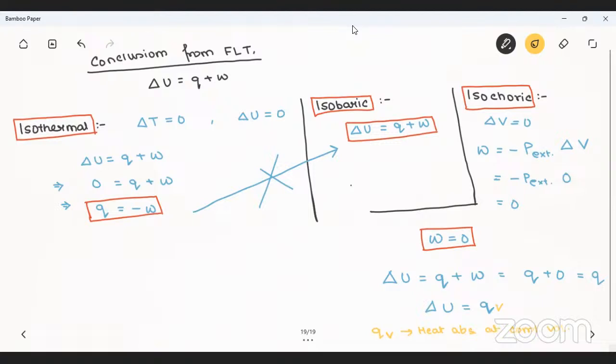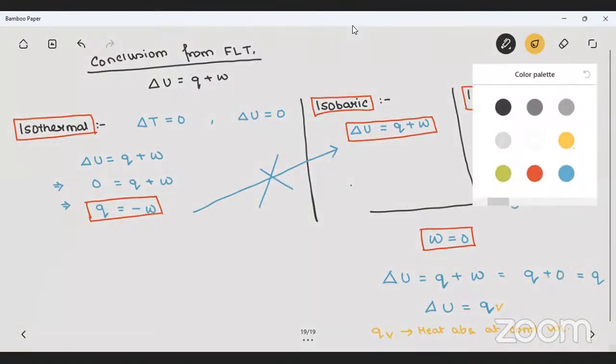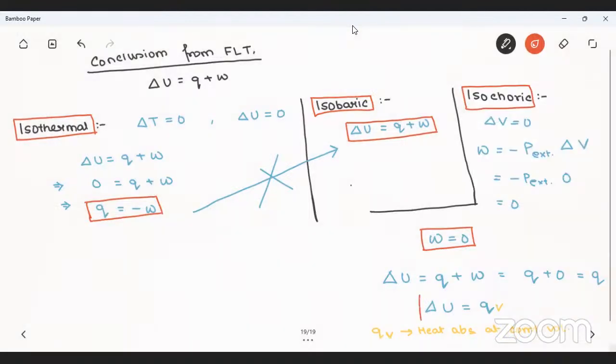Now what we are seeing is that if the volume is constant, then delta U becomes equivalent to QV. Is this correct or not? Whatever statement I made, that at constant volume or for an isochoric process, delta U is equivalent to QV, right?